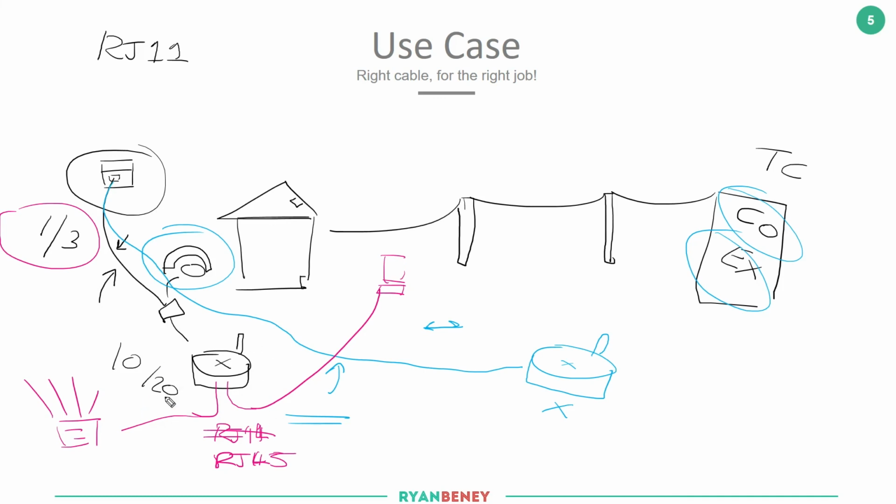This correct use of cabling ensures that the exchange will see the correct length and quality of cabling, therefore giving us the speed that we require. And this cable, as we discussed, can go up to 100 meters, so you have that extension around the premises. That's a home premises example of using the correct cable for the right job.